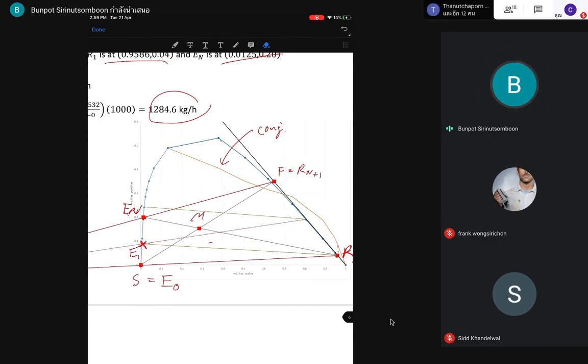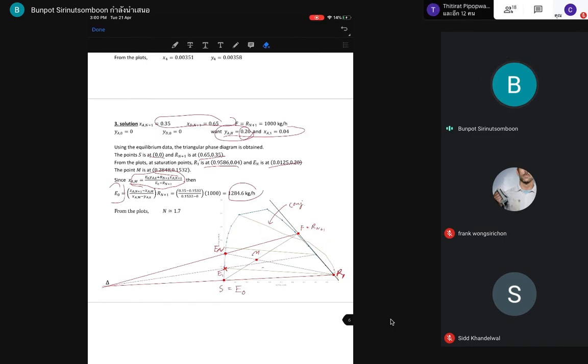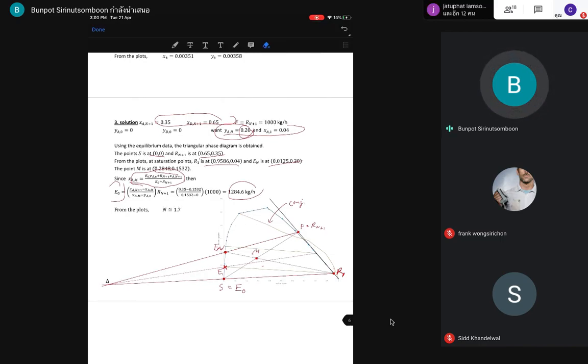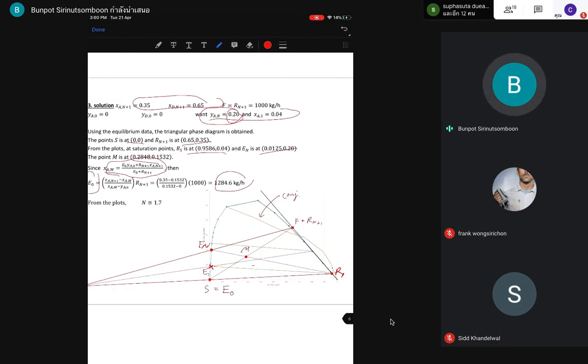I forgot to mention, I can draw two lines passing through these four points. The first line is from R1 to E1.